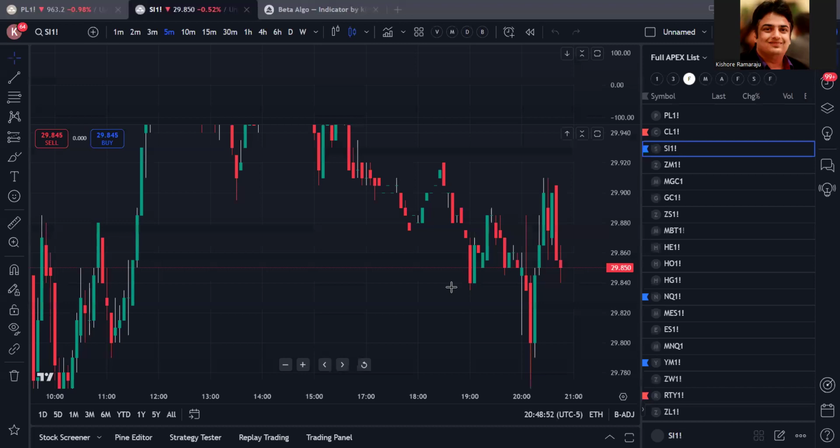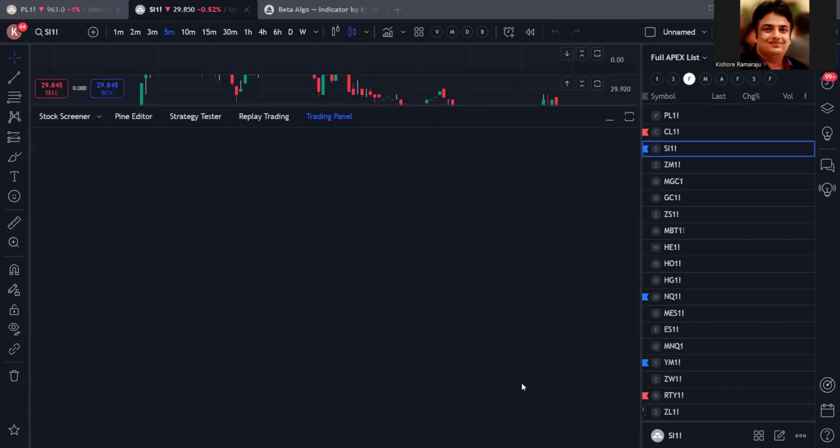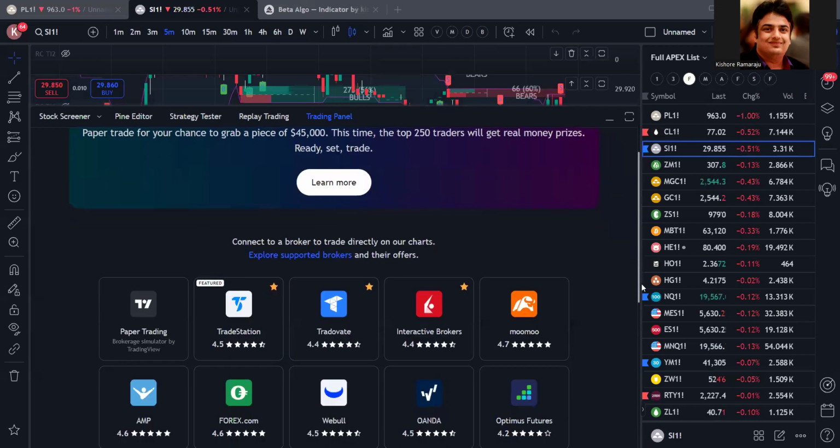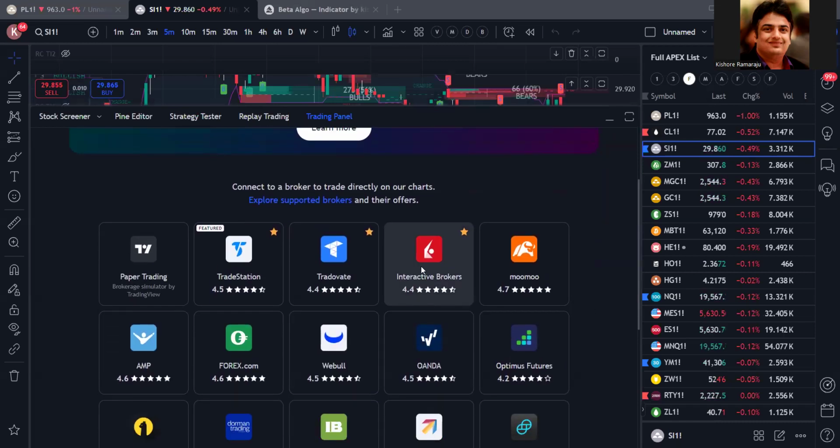But if you want to do personal trading, you can control it from here, use the trading panel and see all the numbers. For example, if you have an account in IBKR, you click on IBKR, provide your credentials. Then when you take trades here, they will happen in your IBKR account.